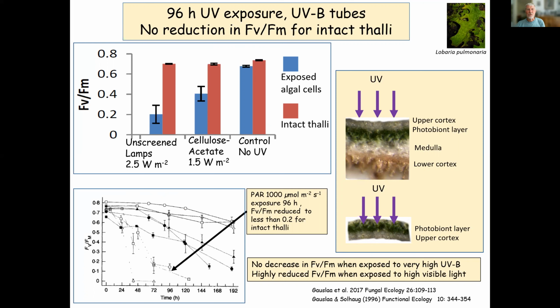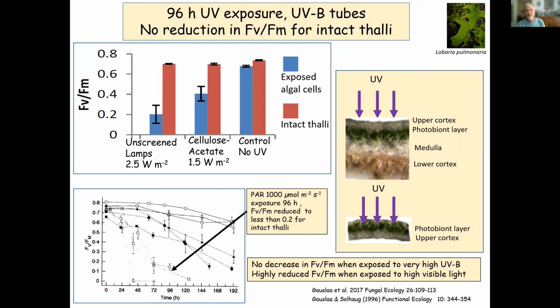and there was no effect on photosystem 2 efficiency for the intact thalli when they were exposed to a high level of UV. But for the exposed photobiont layer, photosystem 2 efficiency was highly reduced when exposed to UV.